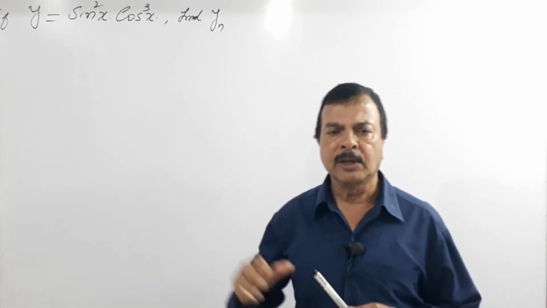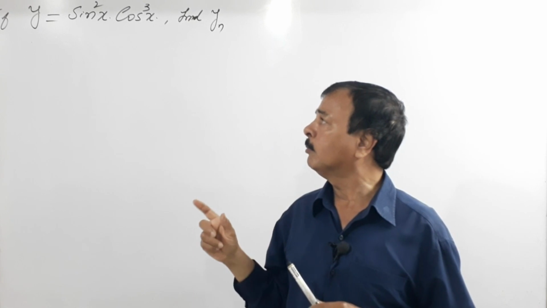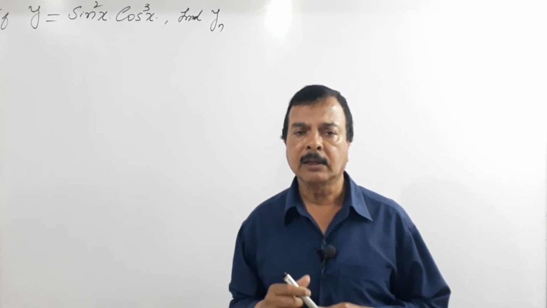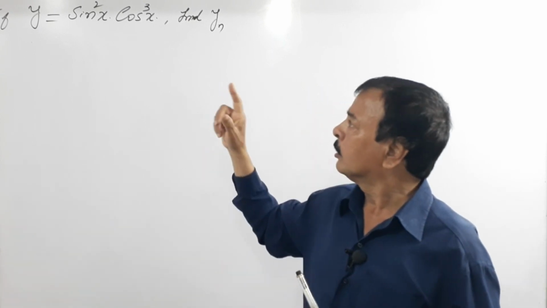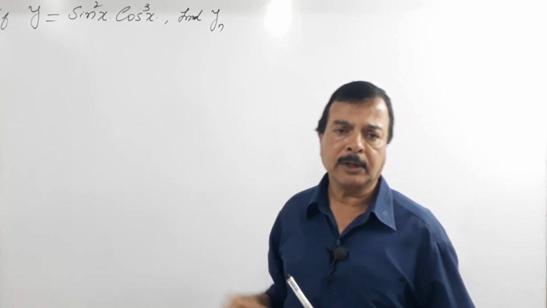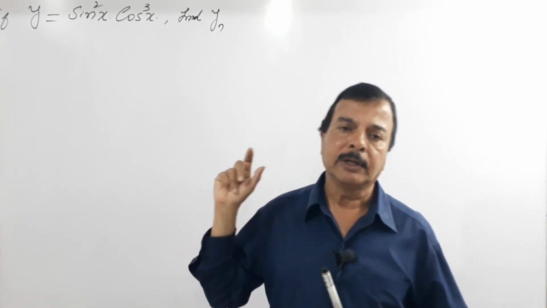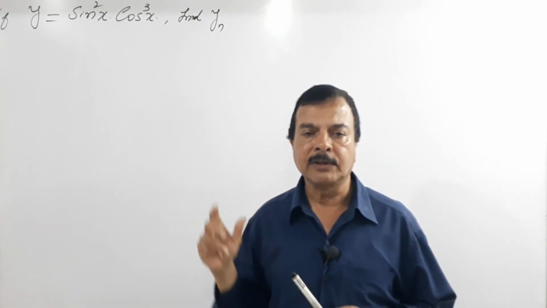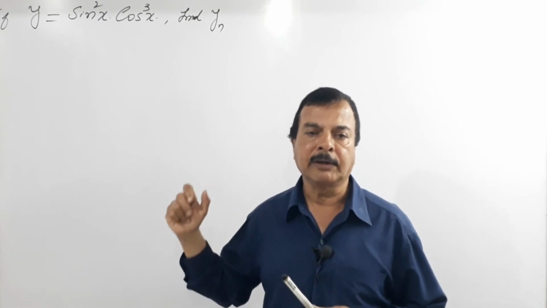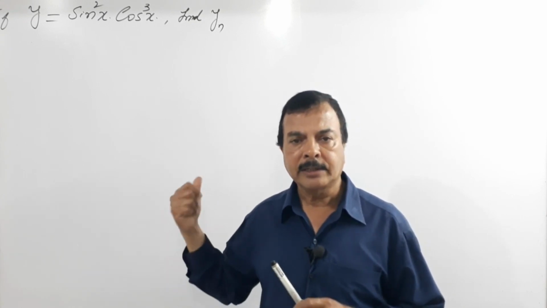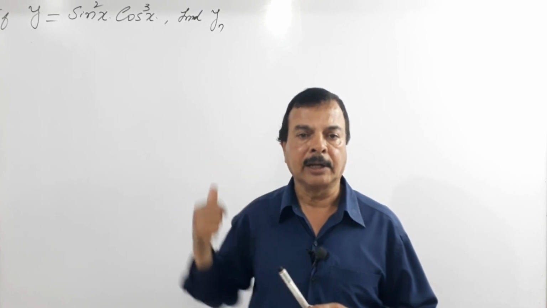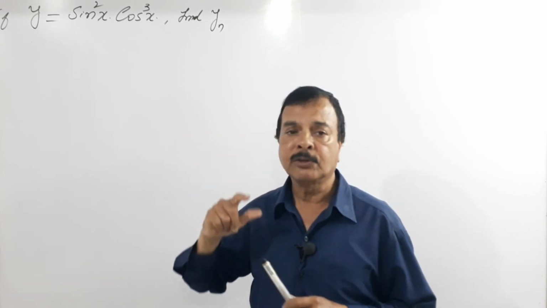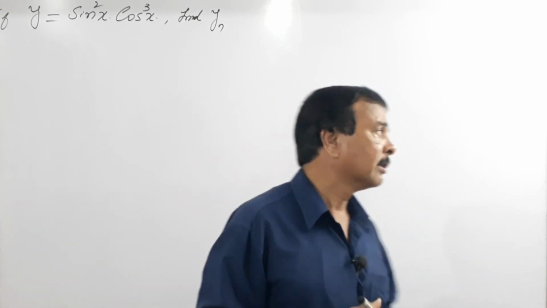So dear students, very easily you can solve this problem provided you know the formula. This is a trigonometric product, which you have to convert into a sum rule or difference rule, and then later on you can find the nth derivative as I have done earlier. First you need to know what sine square x is.